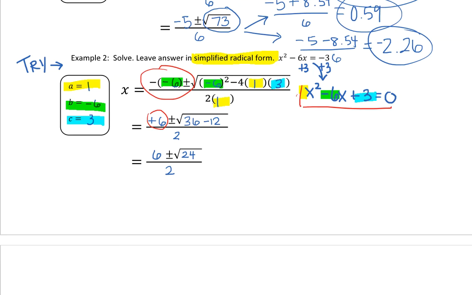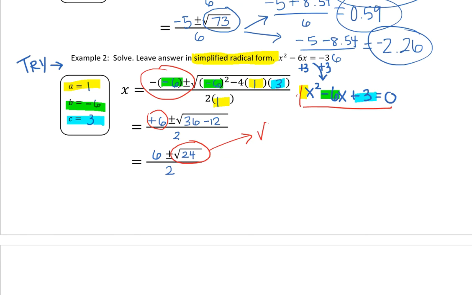At this point, if we were just getting an answer that's a decimal, we would just go ahead and do what we did before, get a calculator, figure it out. But this one asks us for simplified radical form. And so we need to recall how to simplify radicals. Okay, so first thing you do at this stage is look at the square root of 24 and ask yourself, can that be simplified?